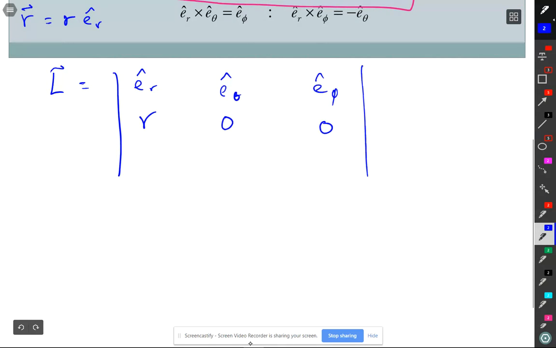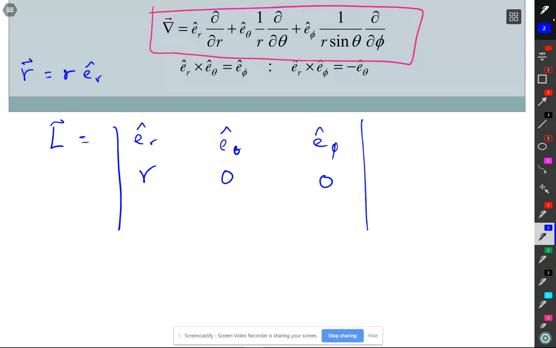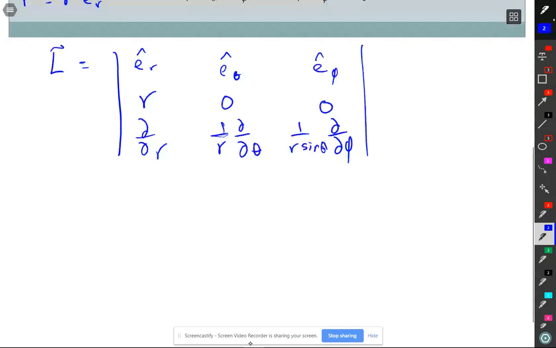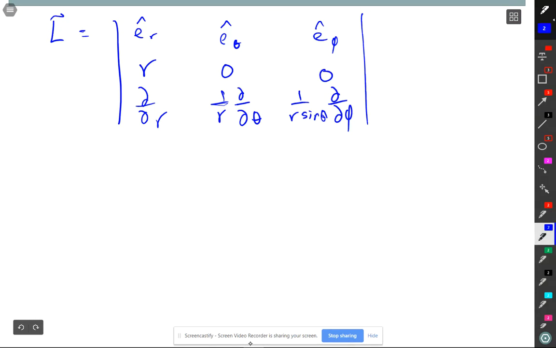And then we have the components there of the gradient operator, which is this. And so if we do this determinant now, one might say, well, there is an easier way to do this.